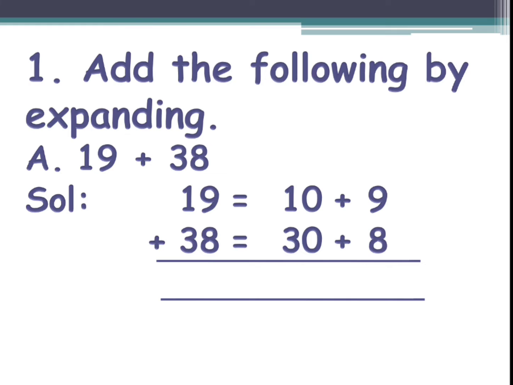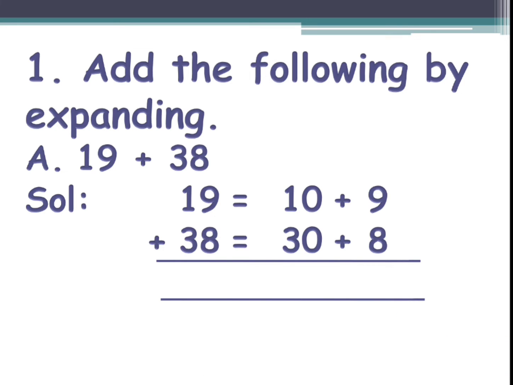Here we are expanding, children. In ones place, in the answer, you need to write only one digit, only the ones place, isn't it? But you got the answer as 17, two digits. Now we should regroup.